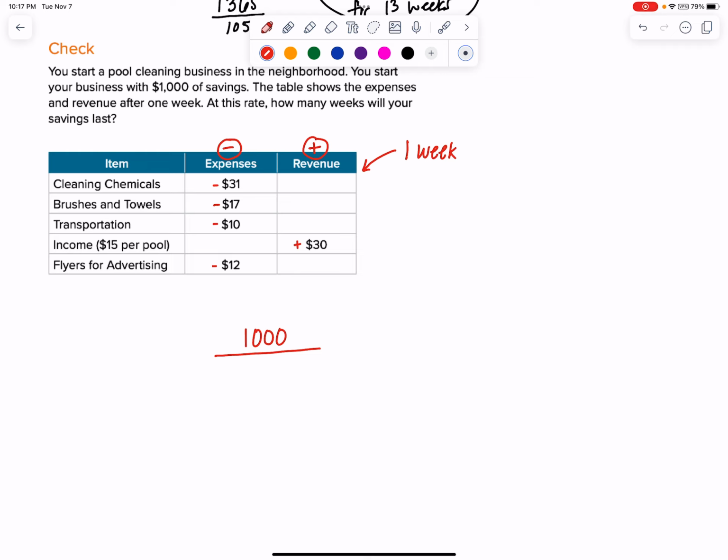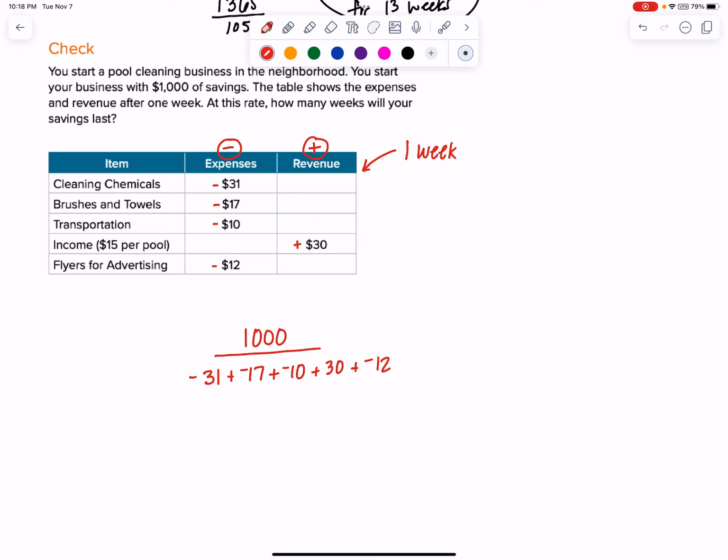So that's one option, is to go ahead and put everything under there. So a -31 plus the -17 plus the -10 plus a revenue of 30 plus a -12. Okay, and we could take care of all of that and solve everything.